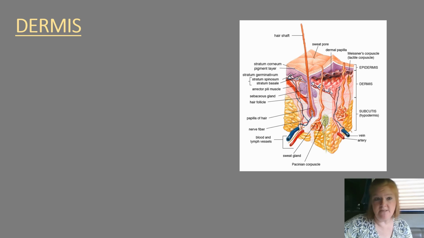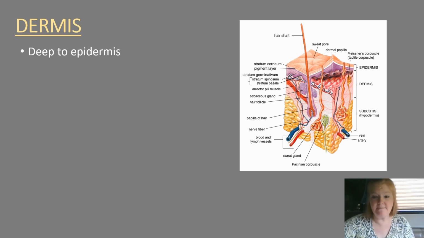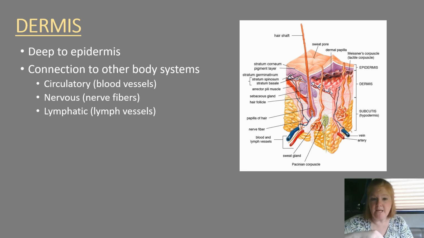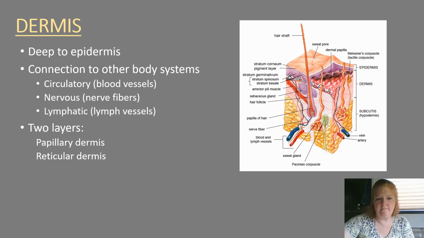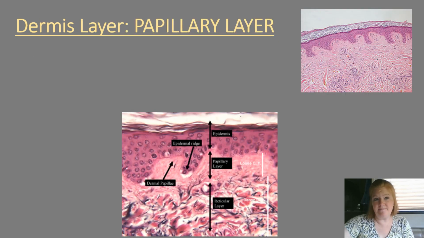All right, the dermis. It is deep to the epidermis. It has a connection to other body systems. So there's blood vessels, the circulatory system. It has nerve fibers, the nervous system. It has lymph vessels, the lymphatic system. There are 2 layers, the papillary dermis and the reticular dermis. So the papillary dermis, let's talk about this one first.